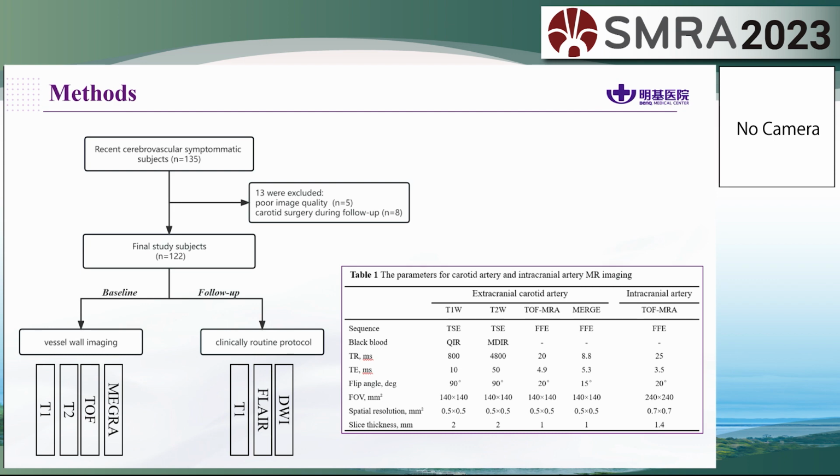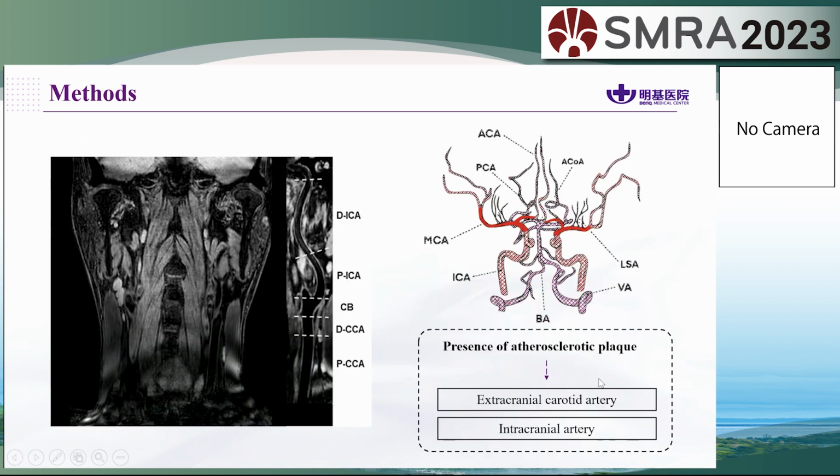The patients were followed for at least 1 year to record any new vascular events. Some parameters are shown in the lower right picture. The presence of plaque in each extracranial carotid segment and the intracranial artery was determined.